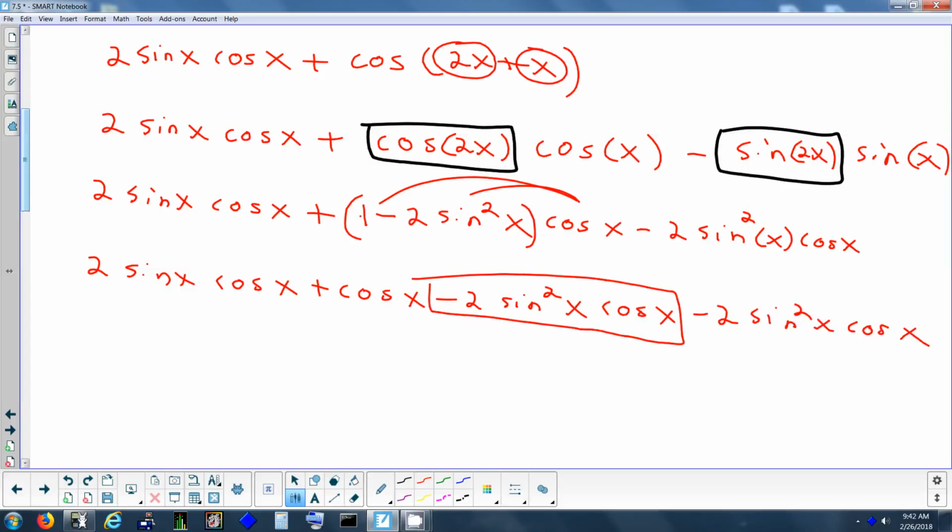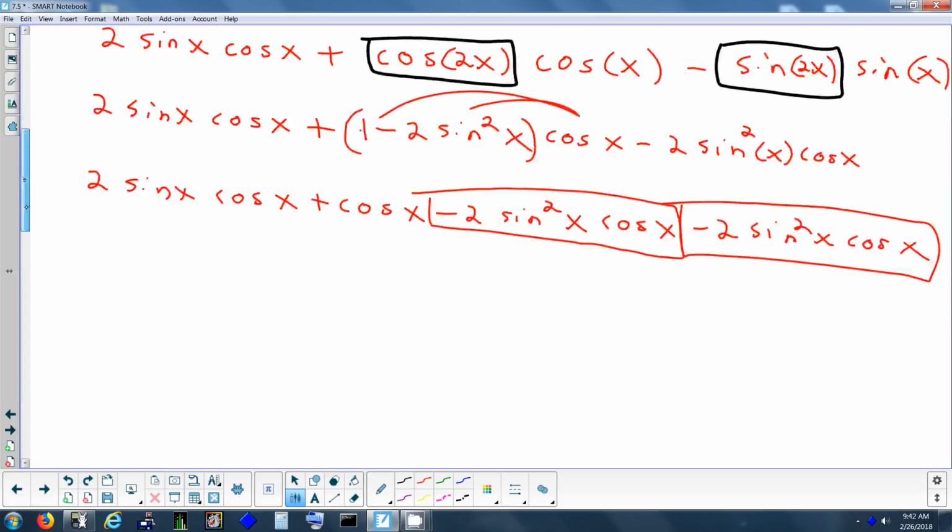Minus 2 sine squared cosine, minus another 2 sine squared cosine. Okay, how much is that if we combine those together? Yeah? -4. It's a -4 of whatever you're combining, sine squared cosine.